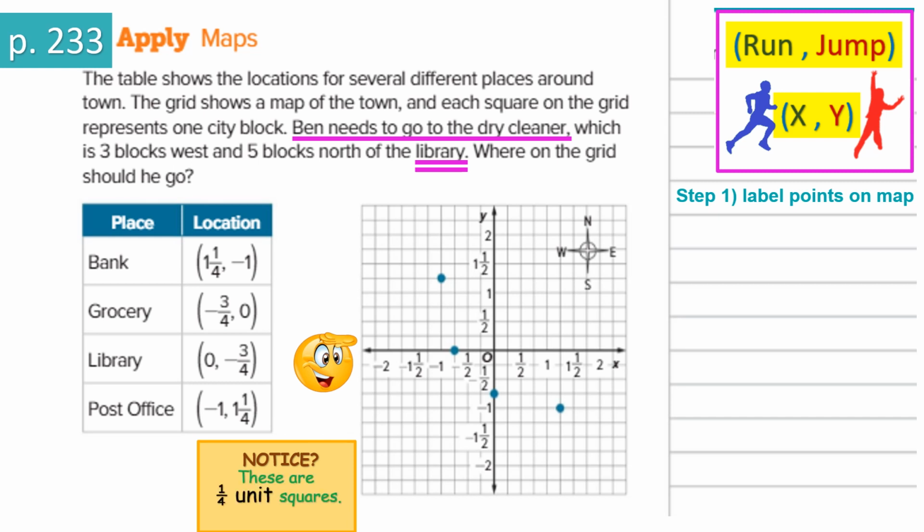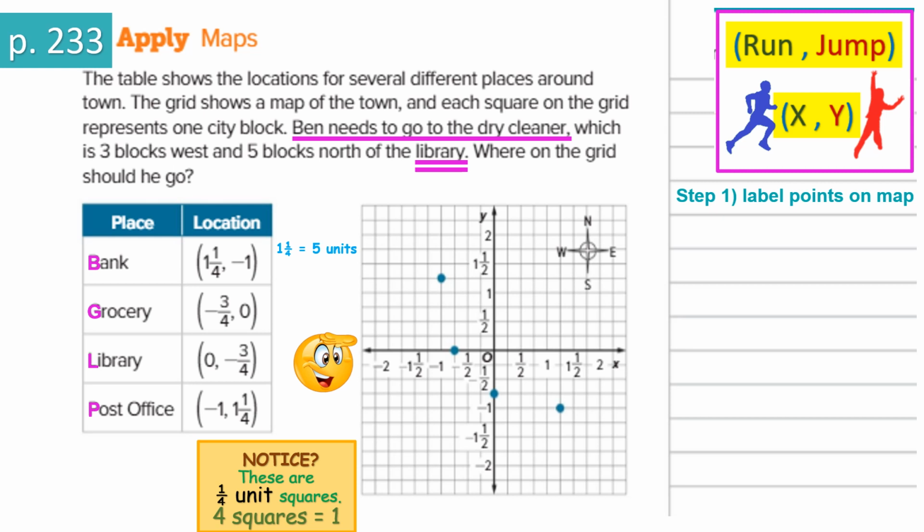So when I start looking at where these units are in comparison, I know that 4 of them is going to give me 1 whole. So I see that I have the bank, the grocery, the library, the post office. So if I want to figure out where we're talking about, I know for 1 whole that's 4 different units, and then the 1/4.